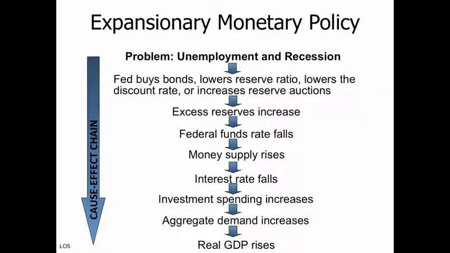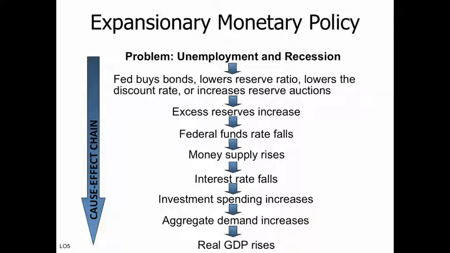So the Fed enacts an expansionary monetary policy, essentially buys bonds from the banks. Again, it could also do these other things, but it really doesn't. It just buys bonds from banks. That increases the excess reserves held by banks, so the federal funds rate will go down and the money supply will go up.